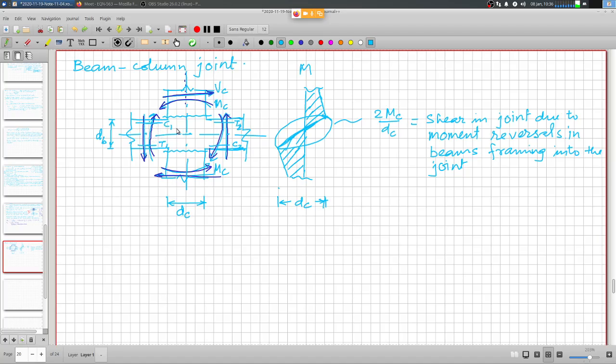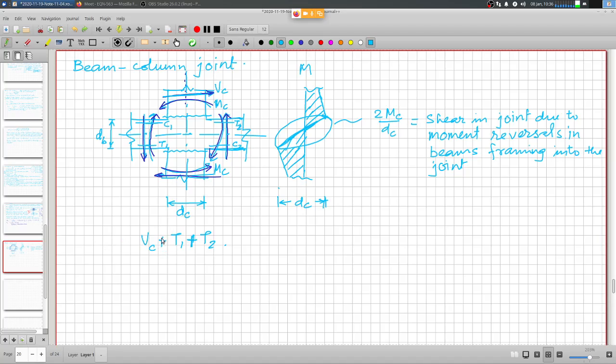So we can compute the moment because of this, and the total shear force because of these forces, if I compute here, will be the shear force coming from the column plus whatever C1 plus C2 or T1 plus T2, right?